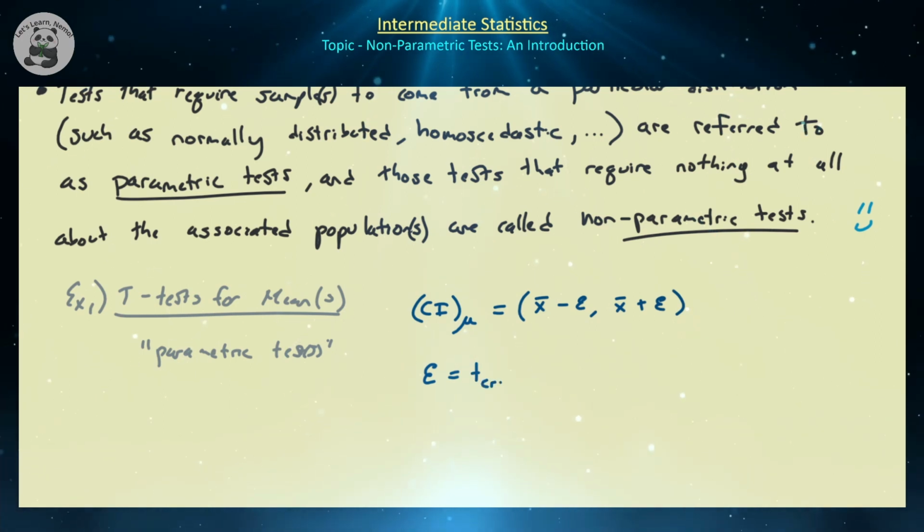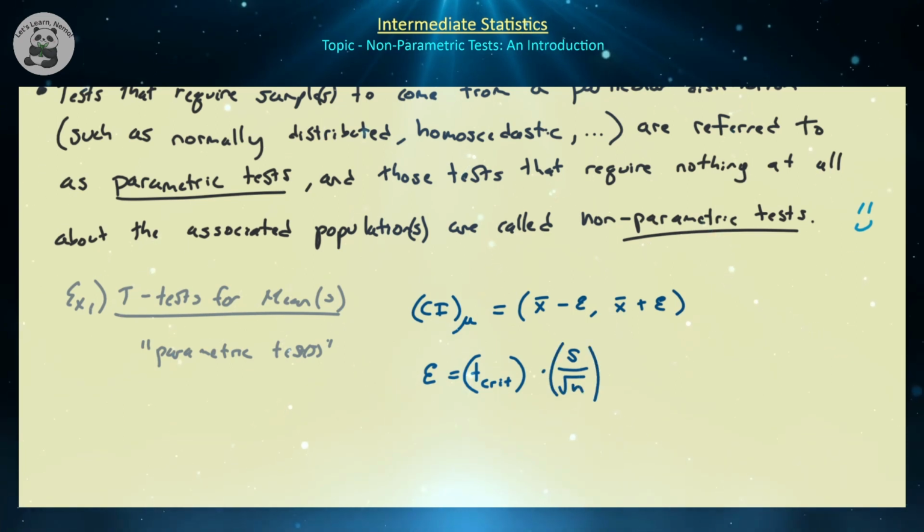The critical value for a t-test is typically taken to be a t critical value, and the standard error is usually approximated by the sample standard deviation over the square root of our sample size m.